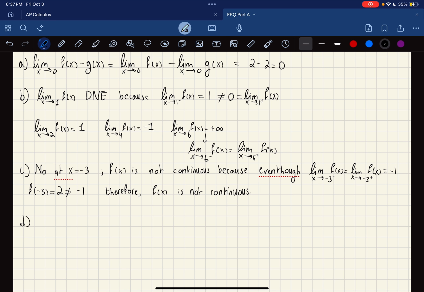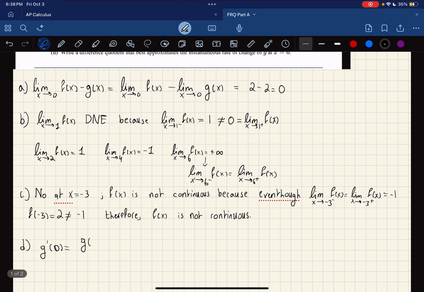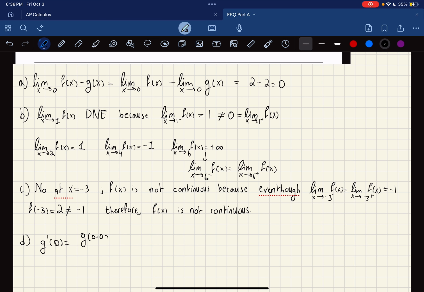The instantaneous rate of change, we're going to call it g prime of x. Did they say at 0, right? So g prime of 0 is basically going to be g of 0.001 minus g of negative 0.001 over 0.001 minus negative 0.001.